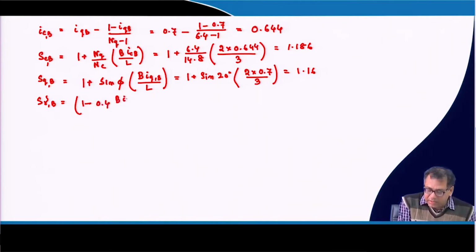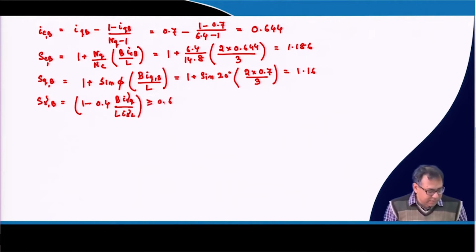Similarly, S gamma B is 1 minus 0.4, then B I gamma B divided by L I gamma L, and that should be greater than or equal to 0.6. How can I calculate I gamma L?